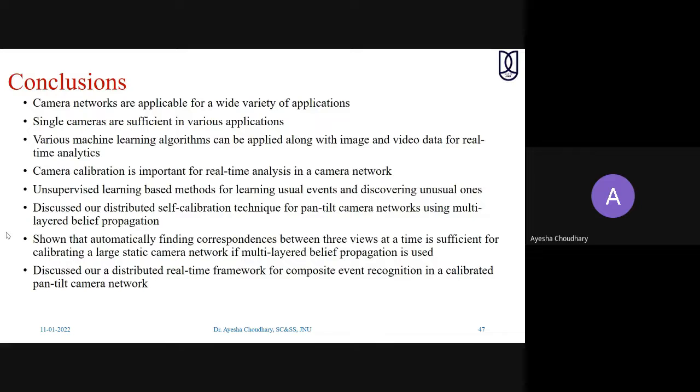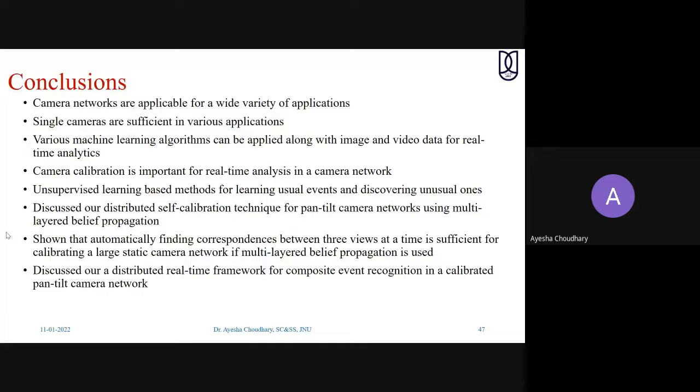So we had unsupervised learning, semi-supervised learning, and completely supervised learning, like in this case we had PLSA and HMM. And in recent cases, I did not show it over here, but we are also working on deep learning along with the vision data to come up with more accurate solutions.